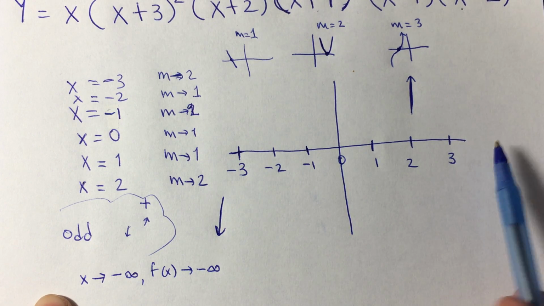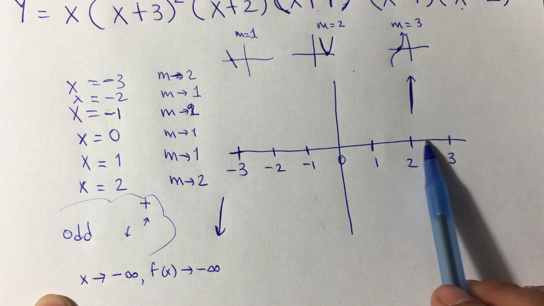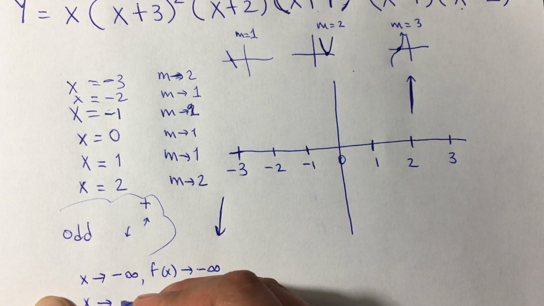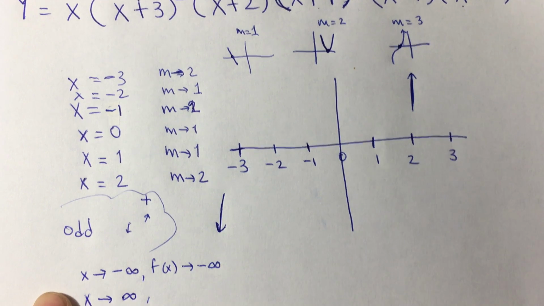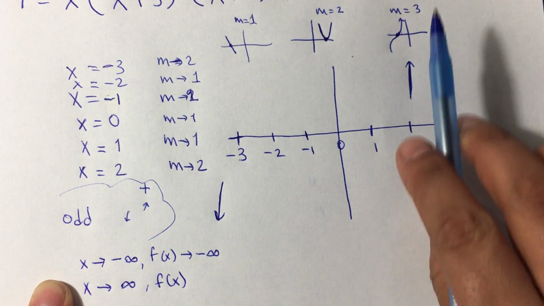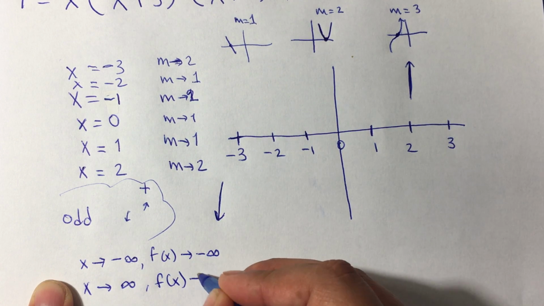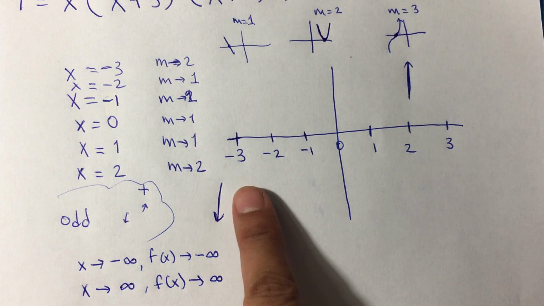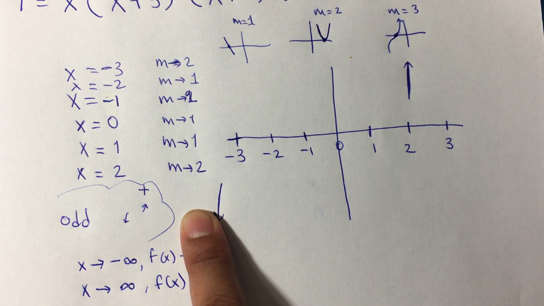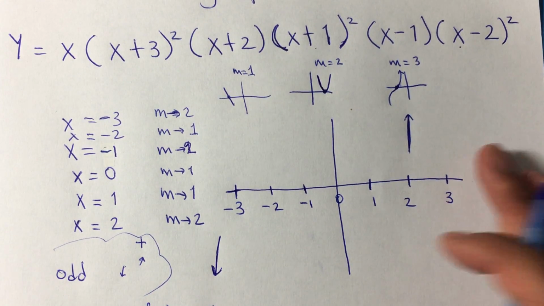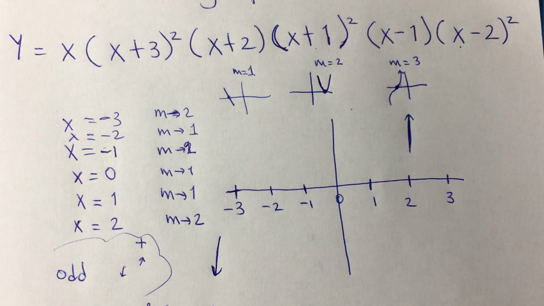And on the other side, as my x goes towards positive infinity, then my y, or f of x, will go towards positive infinity, okay? Or you just think down on the left, up on the right. Now that I have that, this is what I'm going to be doing.